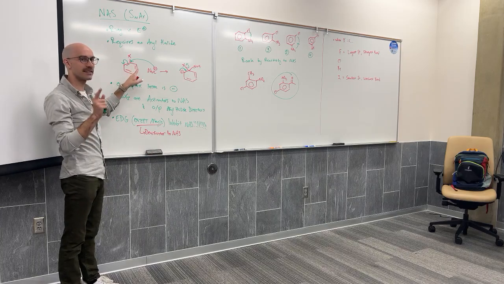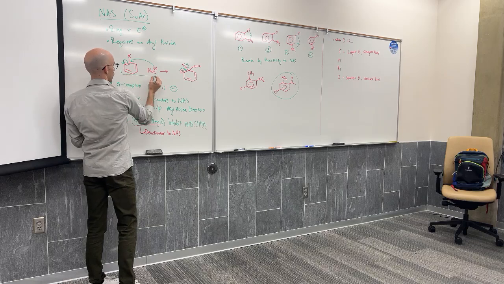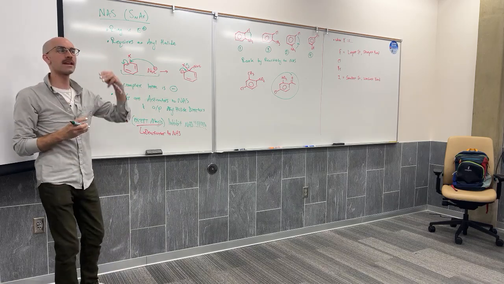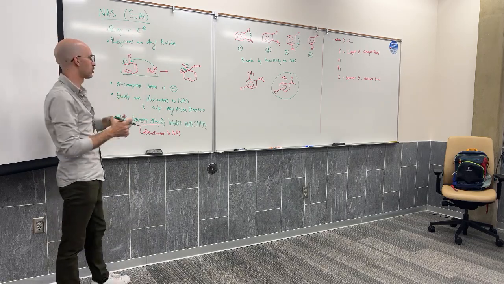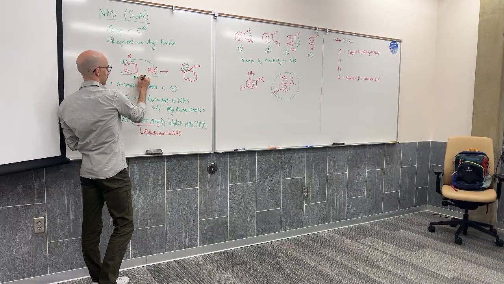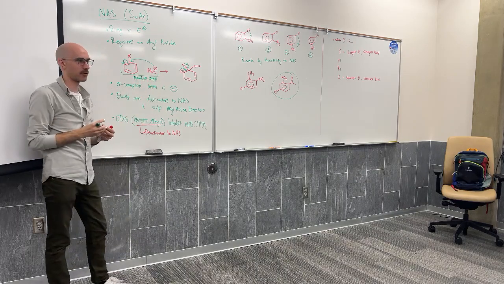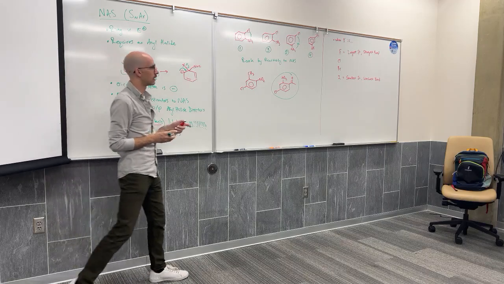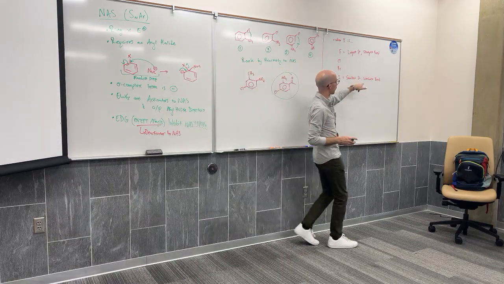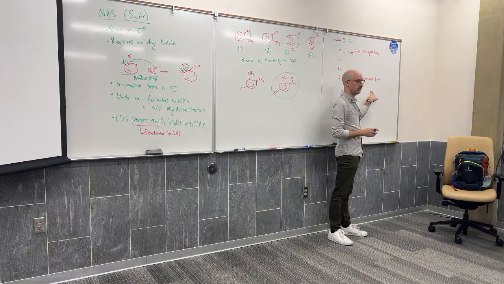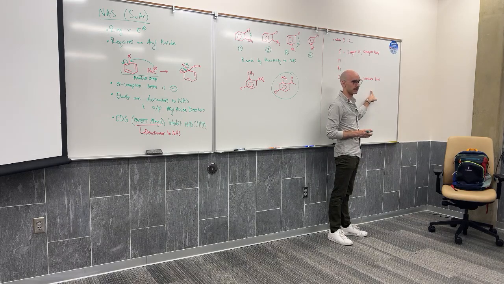So the hardest step here, we call it the rate determining step, the highest energy barrier, is breaking the aromatic ring. Does it matter how strong the bond is to carbon when you break the aromatic ring?